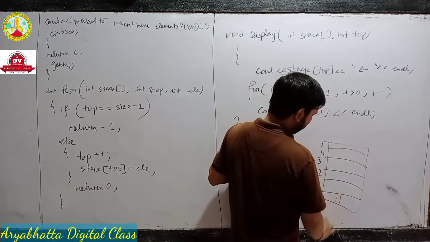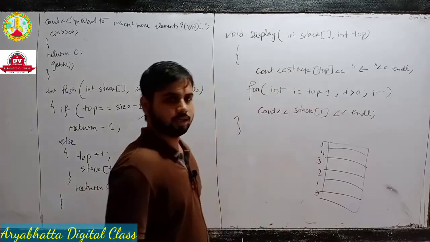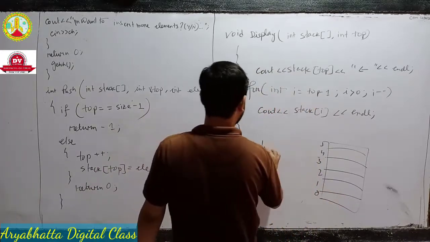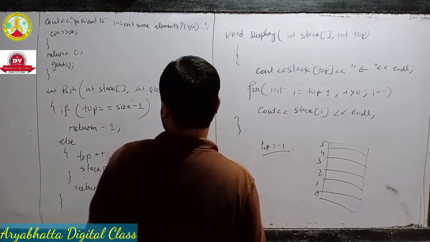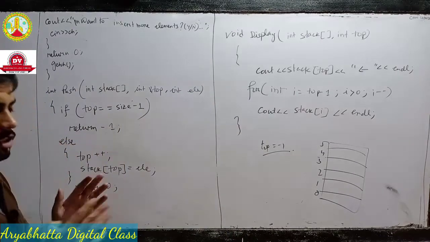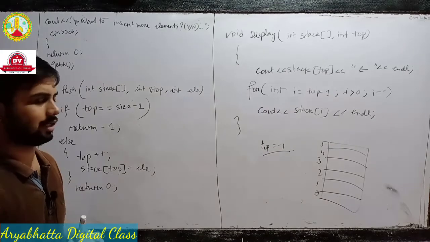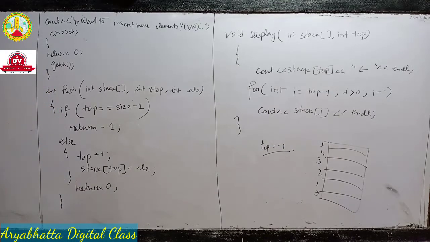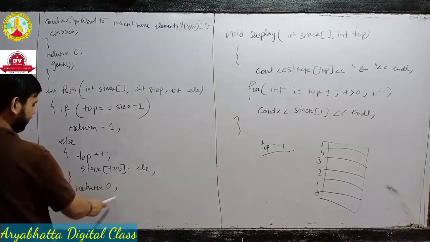In this case, when the stack is empty, your top will be what? -1. In here, when top is size -1, it means your stack is completely full. You cannot insert a new element. In that case, overflow will be reported. Otherwise, your top will be incremented. I already told you, stack top element, return 0.